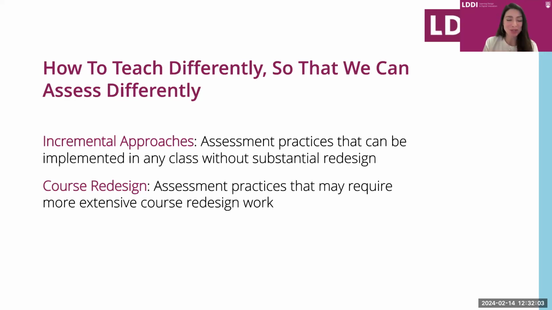We know that time is such a huge issue, and include either incremental changes, so smaller changes that might take less time, or course redesign changes, which may take a bit more time. In all cases, the suggestions are meant to support you to design your course assessment based on your course learning objectives, and to use intentional and deliberate planning to create a course that best supports student learning.